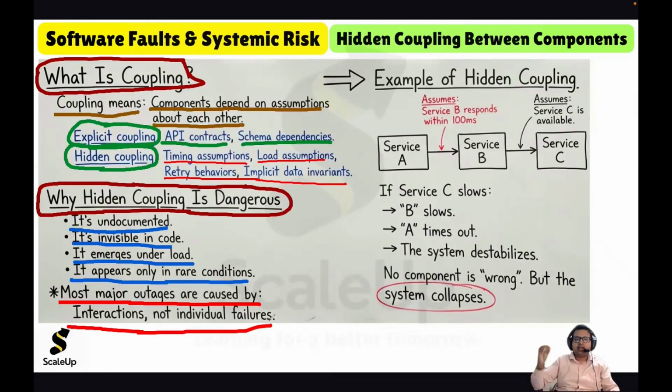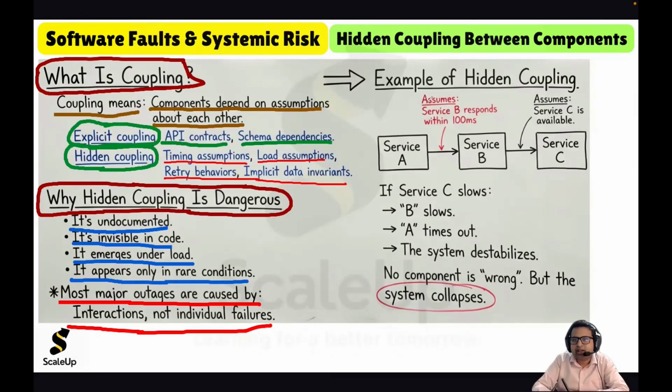Still, it can fail in production because of hidden coupling, because that software will be subjected to heavy load, and there might be a synchronization problem. The problem will be with the interactions among the components. That will be the main problem for systemic failure in the software system, not individual failures.